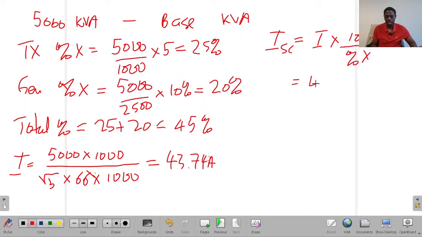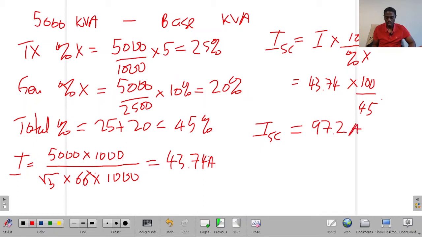And our I is 43.74 multiplied by 100 over the percentage reactance, which is 45%. And this gives us the short circuit current to be equal to 97.2 amps, which is the same as what we found in the previous.